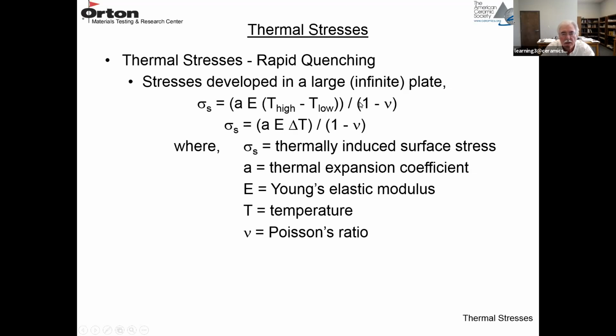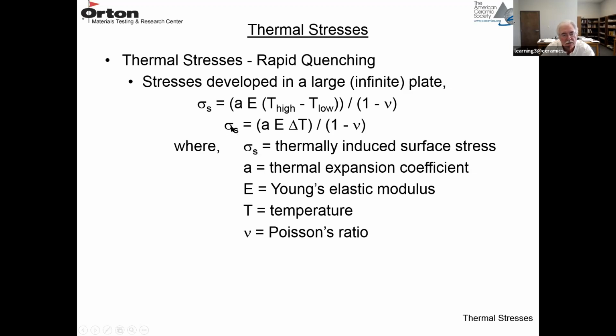And for a plate, you have to incorporate the Poisson effect, so it's divided by 1 minus nu. So T high minus T low is just delta T. So the stress just equals the thermal expansion coefficient times the elastic modulus times the temperature change, and that's divided by 1 minus Poisson's ratio.